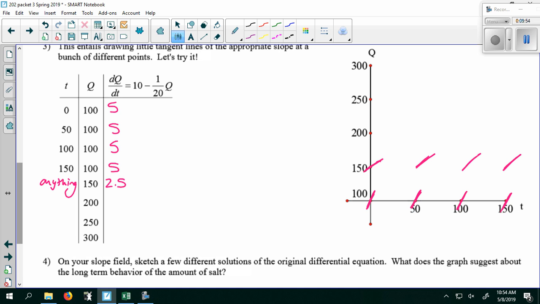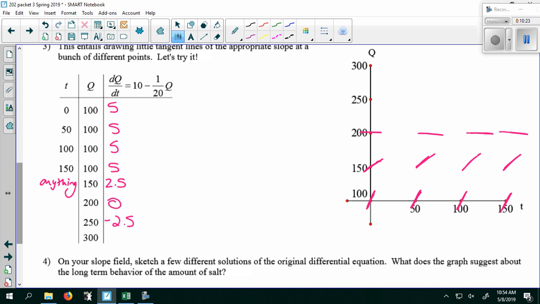All right, when q is 200, what's 200 over 20? 10, and then 10 minus 10 is 0. So my tangent lines when q is 200 are flat. And when q is 250, my tangent lines are negative 2.5.